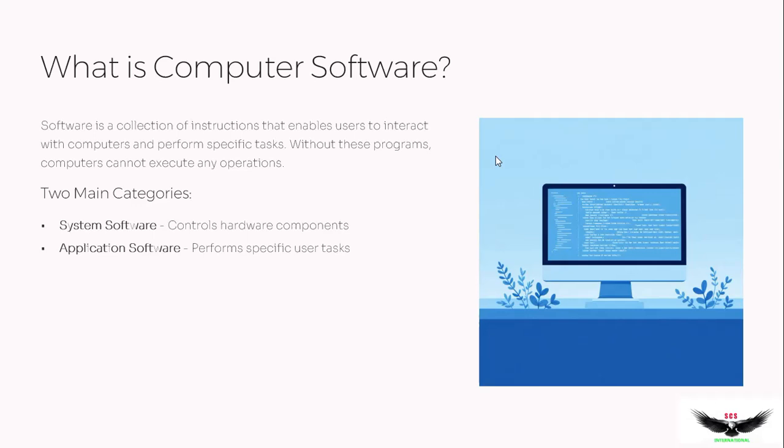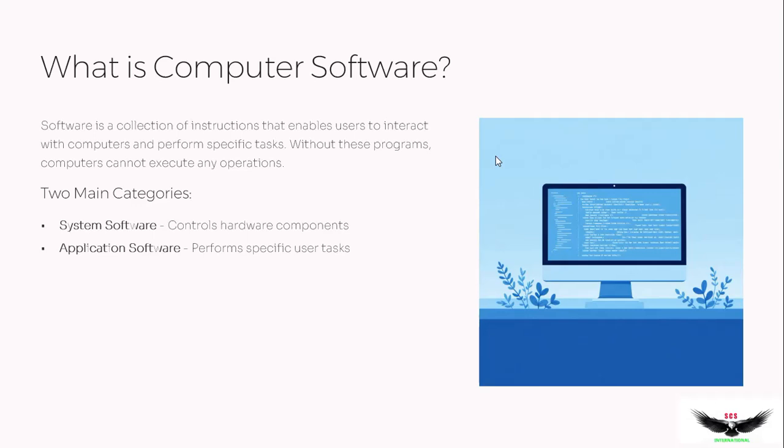We have two main categories of software. One, we have system software. System software controls hardware components.